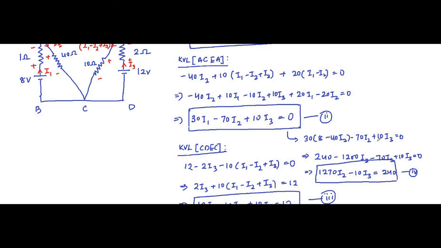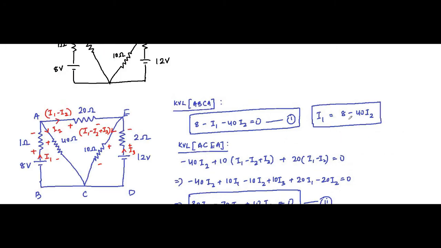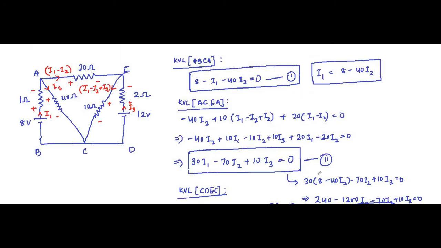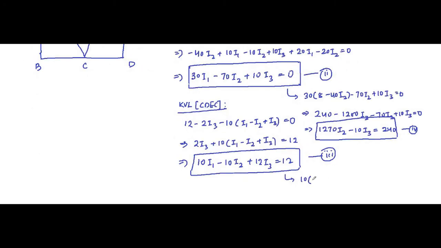Similarly, substituting I1 is equal to 8 minus 40 I2 in equation 3, we will get 10 into 8 minus 40 I2 minus 10 I2 plus 12 I3 is equal to 12.